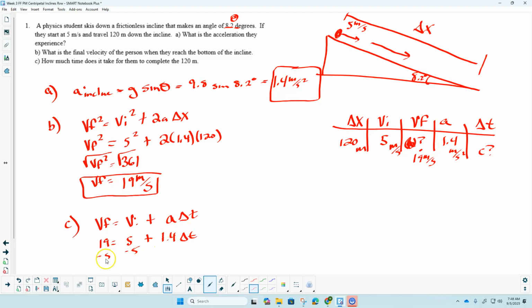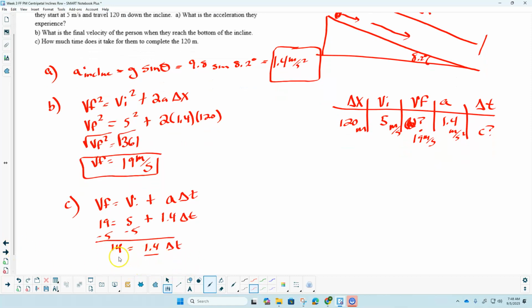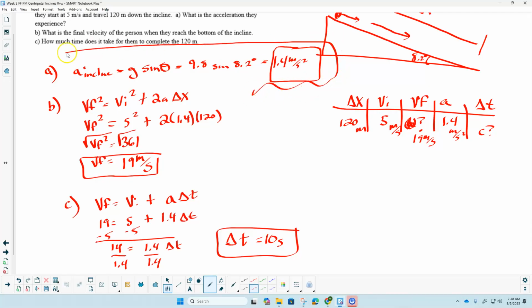Subtract 5, do algebra, 14 equals 1.4 delta t. Then you divide through and you get the answer, which is 10 seconds. So delta t is 10 seconds. There's the first question all worked out. Again, just kinematics. The only thing that's a little bit tricky is getting the acceleration on a ramp or incline.